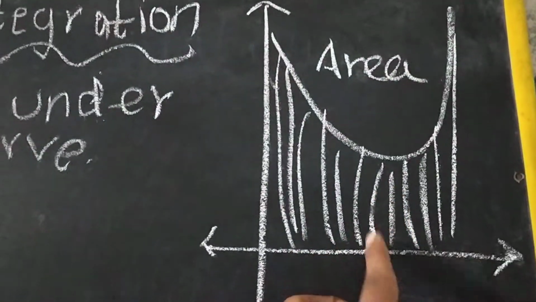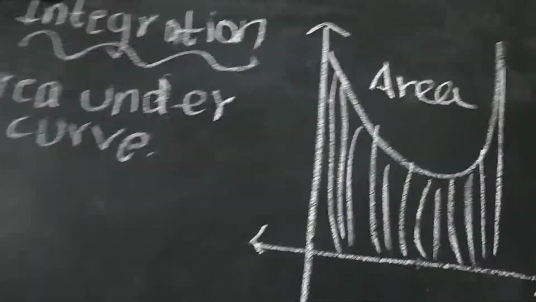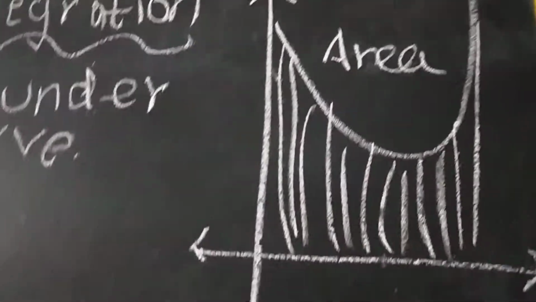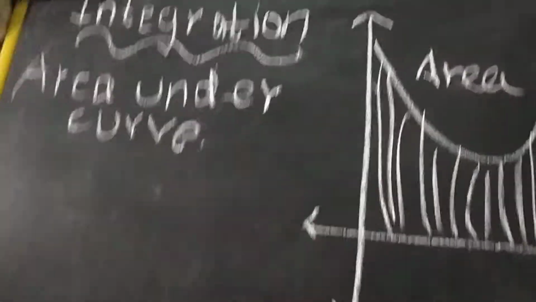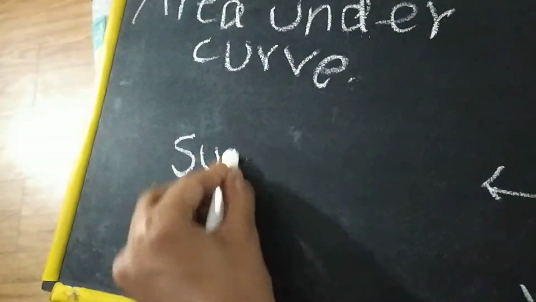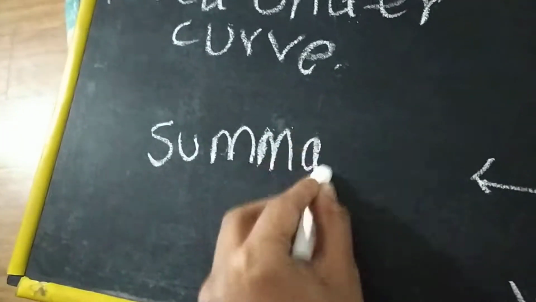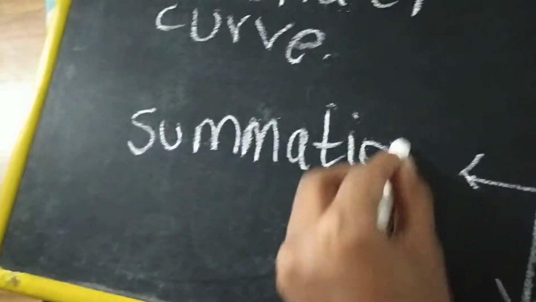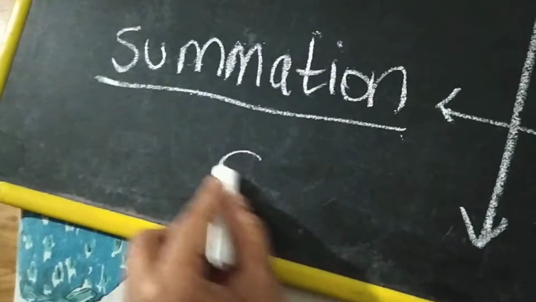This represents integration. So in integration we do nothing but something which we call summation. Now what is summation? Summation is nothing but addition. But what kind of addition? Continuous addition.